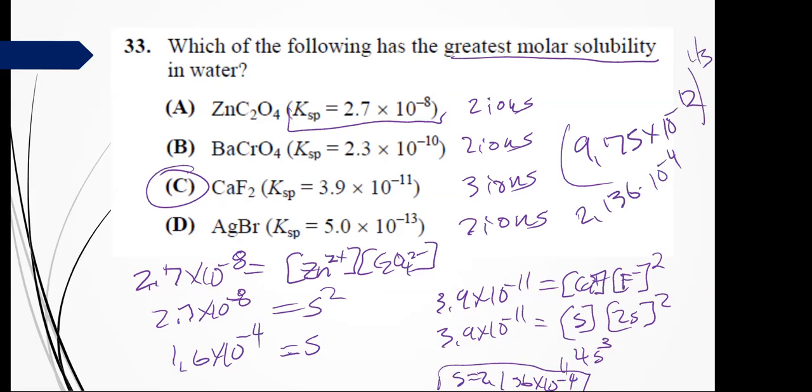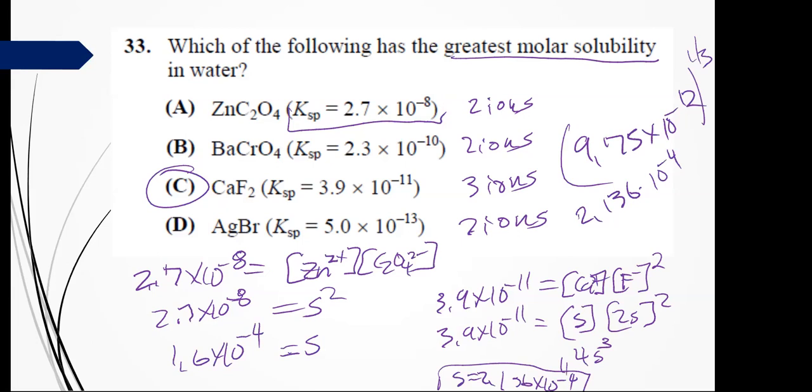Cube that last one. So double check, because if I take 2.136 times 10 to the minus 4, and I take that to the third power, I get 9.75 times 10 to the minus 12. If yours is 10 to the minus 6, if you take it to the third power, you should be up in like 10 to the minus 18.